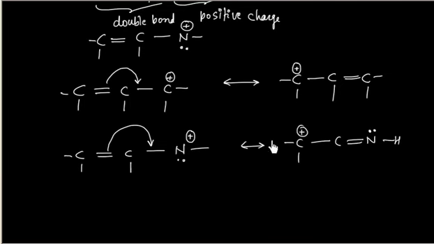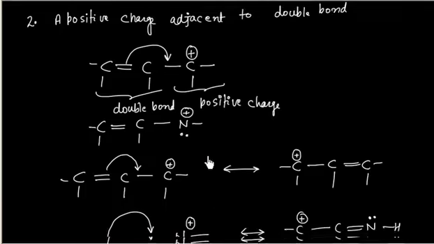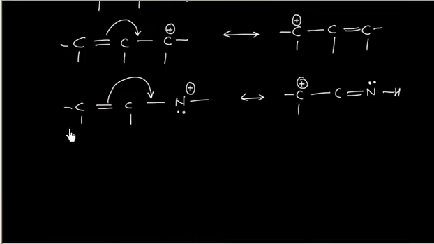So carbon will have a +1 formal charge. So whenever we have a pattern, a positive charge adjacent to double bond, we have to flow an arrow, and this arrow will convert a bond pair to another bond pair.